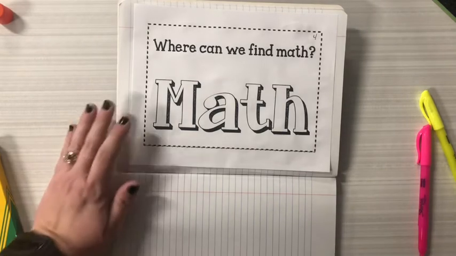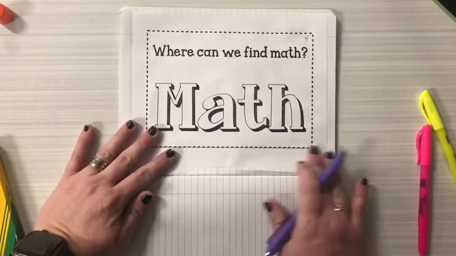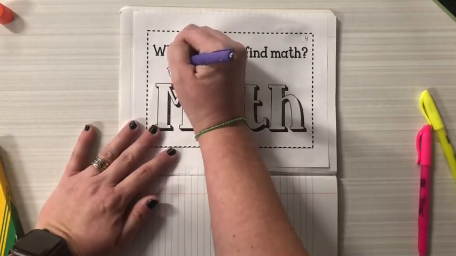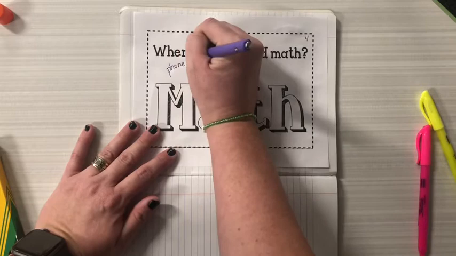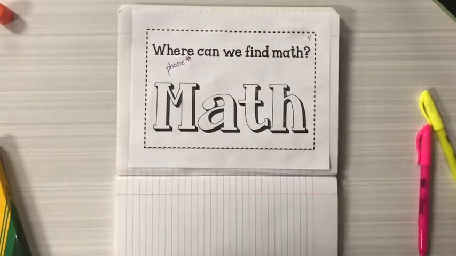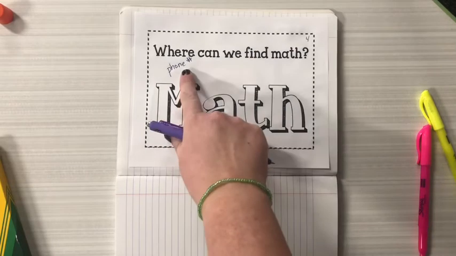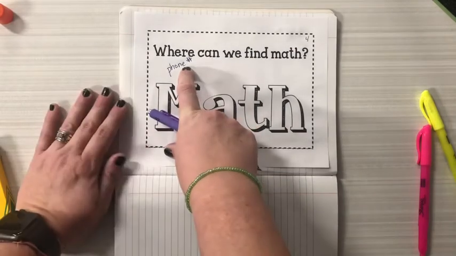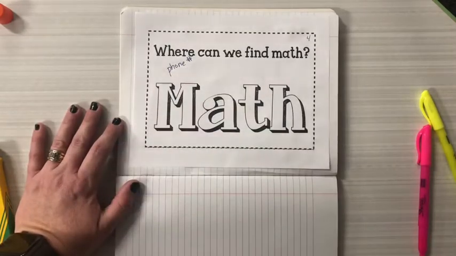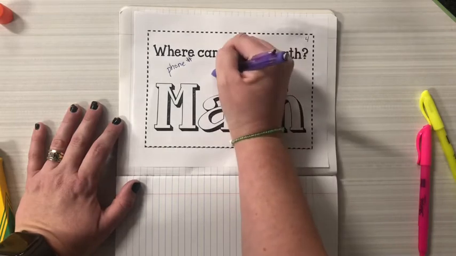So one place we might see math and use numbers is when we use our phone number. Our phone number is made up of at least 7 digits, and then we add 3 more digits for our area code. So a phone number is one way that we might see numbers or math used in our everyday life. Another example is our age.